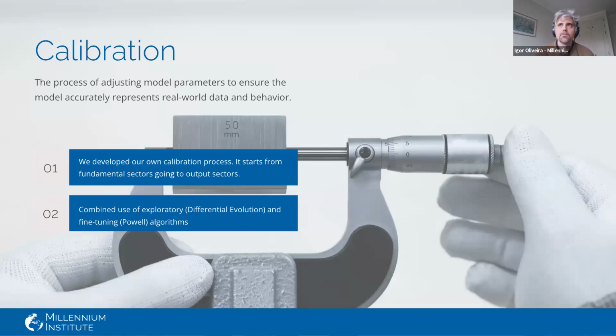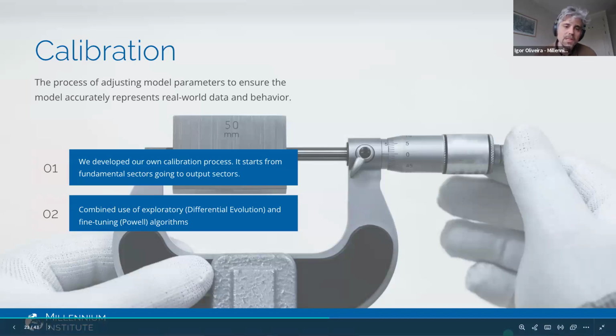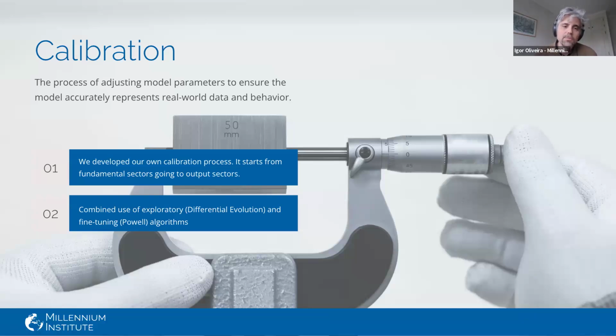System dynamics as a method has 60-something years, but this particular field, model testing and model calibration as a validation strategy for system dynamics models, has grown a lot since the early 2000s. So we follow some of these best practices, and we develop our own calibration process, which is a bit more detailed in the next slide.